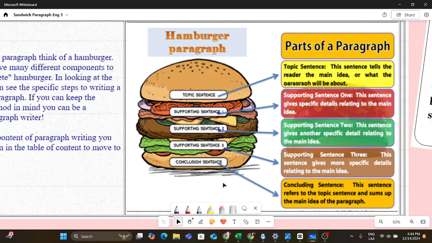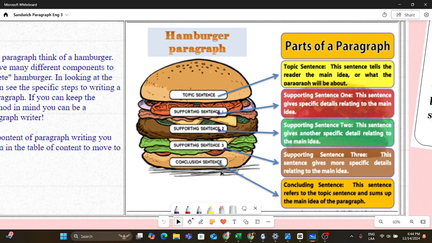And here we have this bread, the conclusion sentence. The concluding sentence is the sentence that refers to the topic sentence and sums up the main idea of a paragraph.